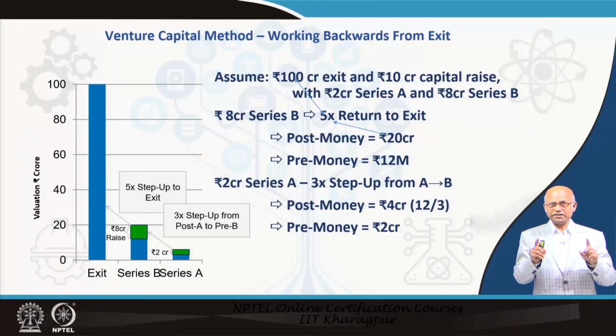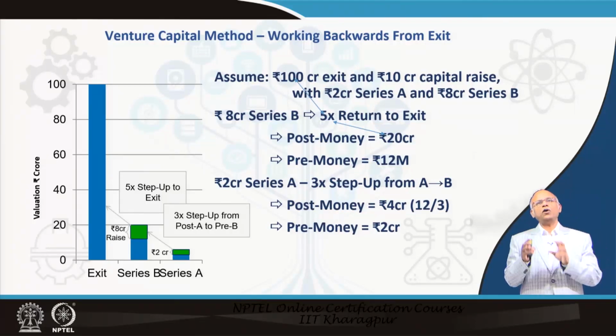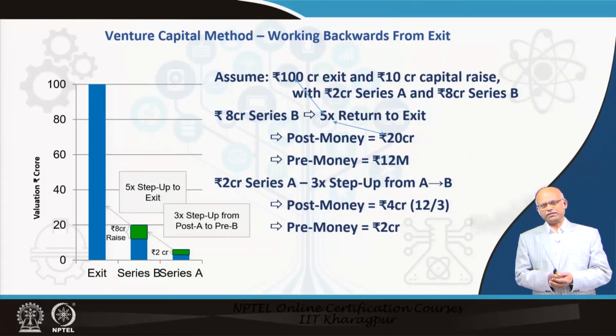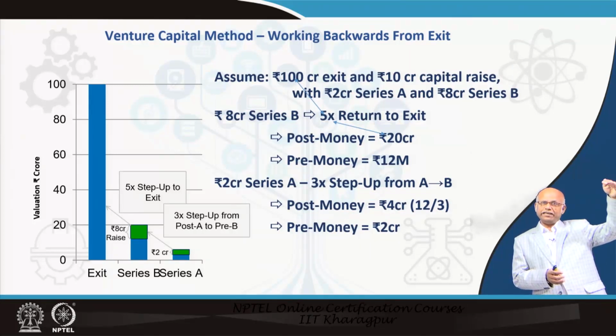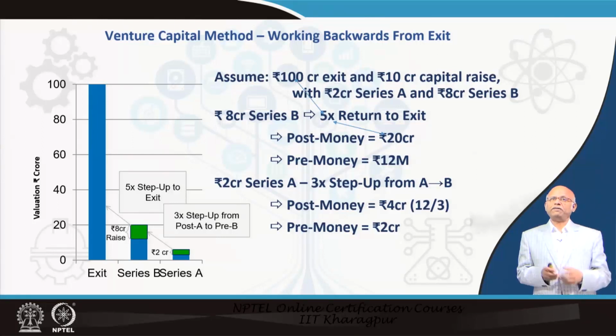Post money value, as I said, is exit value divided by how many x of return that you expect. So, 100 crore is the exit value and 5x is the return. Divide 100 by 5, you get 20 crore, that is the post money value.